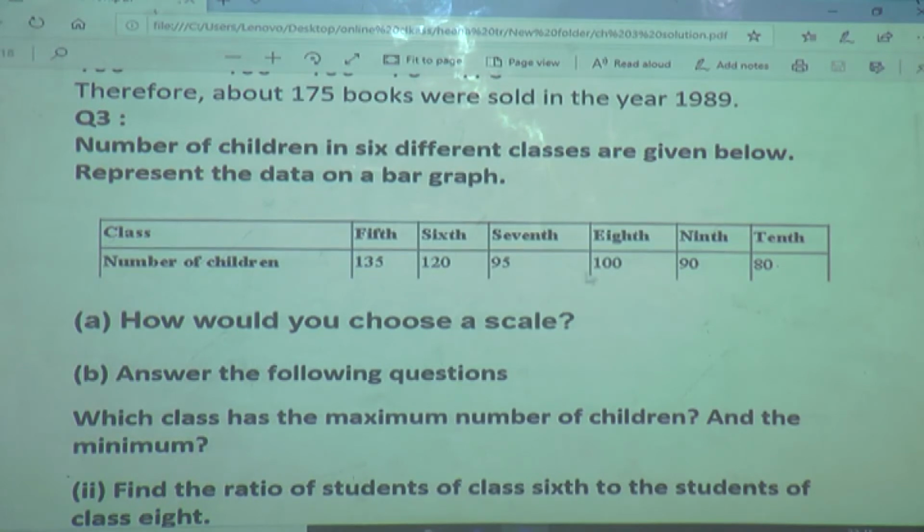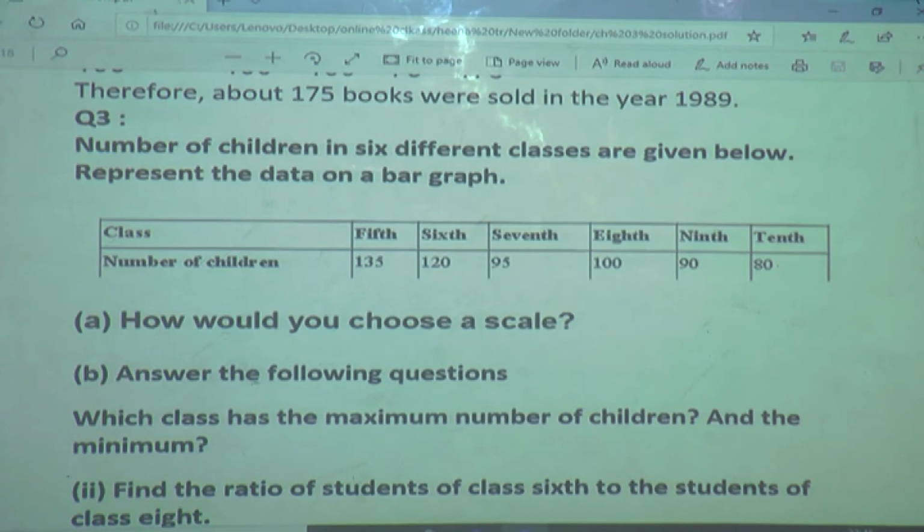How to write the scale then? In the previous class we learned that we have to see the minimum number and the maximum number. By seeing that minimum and maximum number we can find the scale. What will be the difference between one scale, or 1 centimeter? We will see that one by one. How would you choose a scale? Answer the following question.